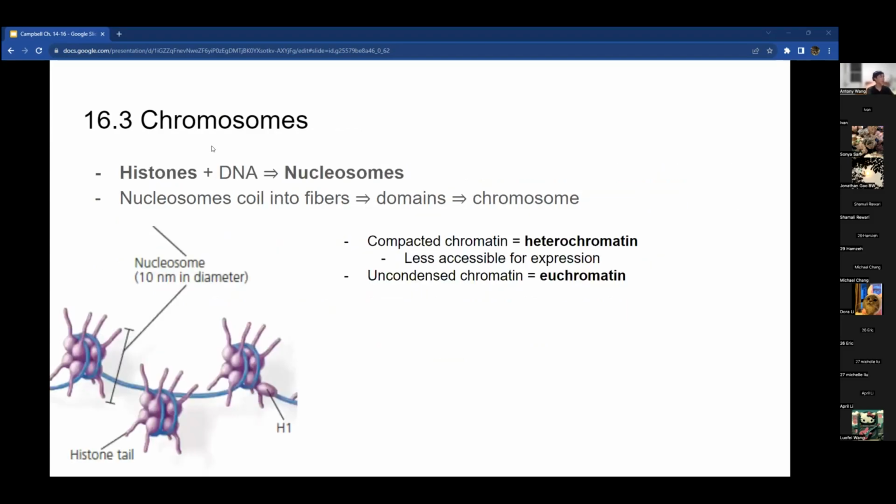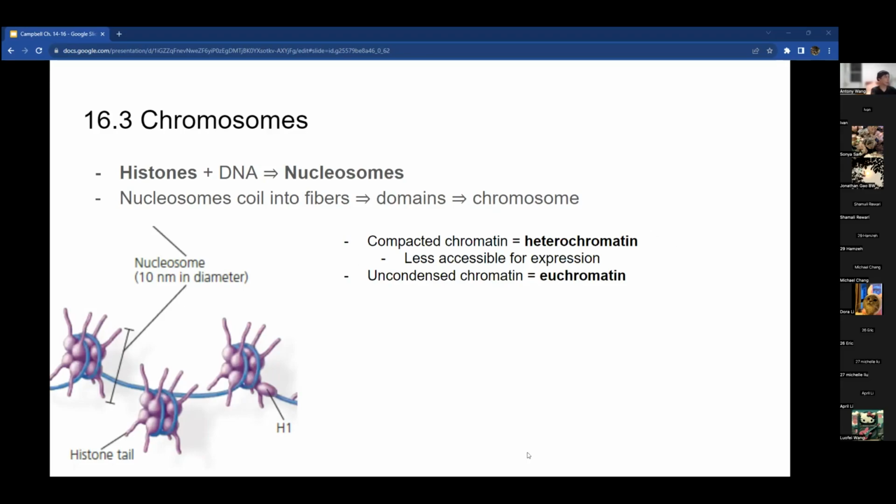And finally, chromosomes. The actual structure of DNA is not just a soup of double-stranded DNA floating around in the nucleus. No, they're actually bound by proteins. These proteins are called histones, and 8 histone proteins form a nucleosome when they're wrapped around DNA.